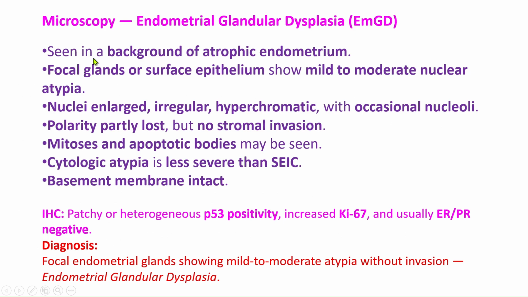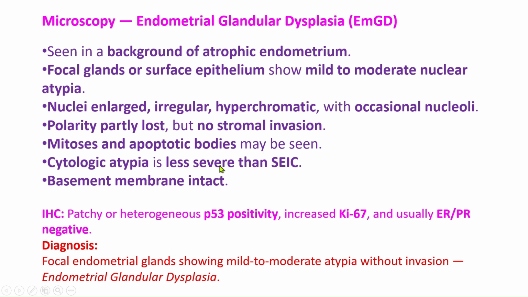Microscopically, it is seen in a background of atrophic endometrium, with focal glands or surface epithelium involved, showing mild to moderate nuclear atypia in the form of nuclear enlargement, irregularity, hyperchromasia, and occasional nucleoli. Polarity is partially lost but there is no stromal invasion. Mitosis and apoptotic bodies may be seen.